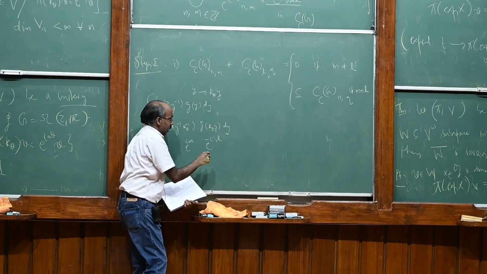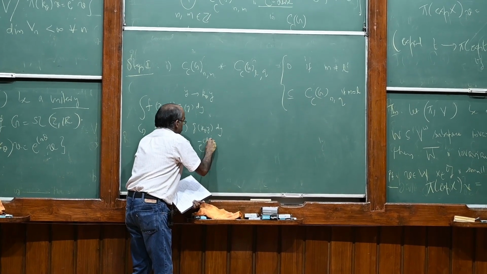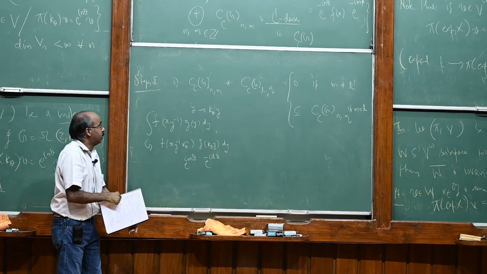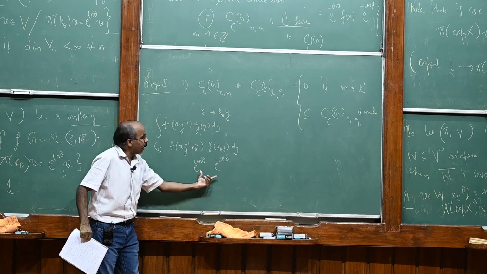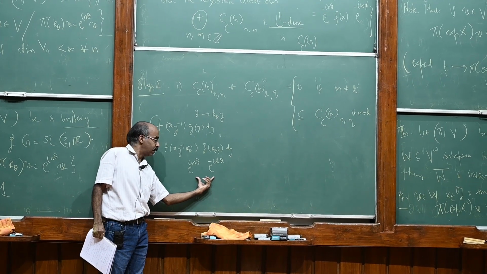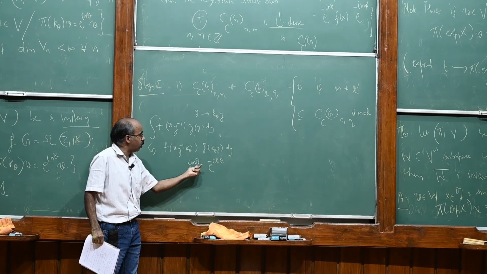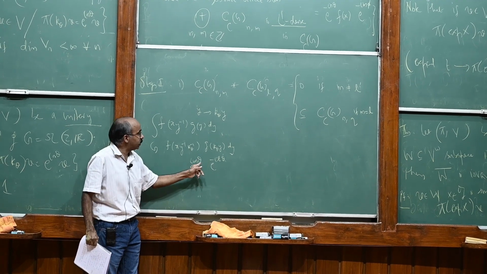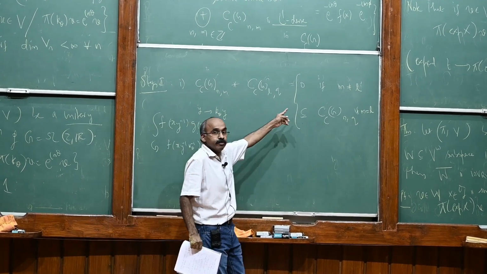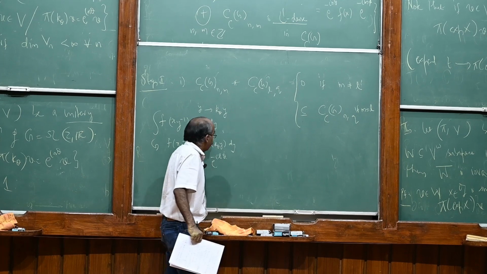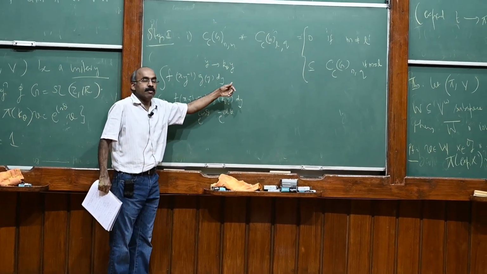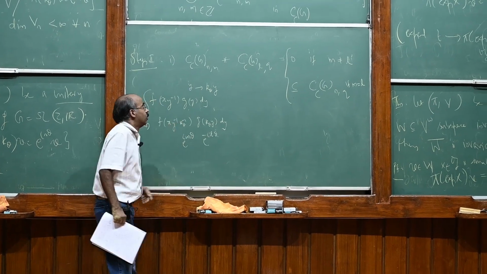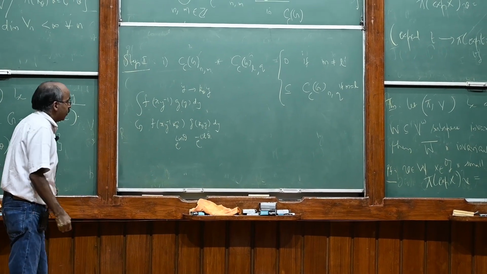So the l theta and m theta, and the k_theta disappear. So it's the same function multiplied by this factor. This will be 0 if they don't cancel each other. So if n was not equal to l, it will be 0. If n equals l, of course, it doesn't give you any information, but then you put it here, change the variable, and you will get that. Okay, so all these are straightforward computations.